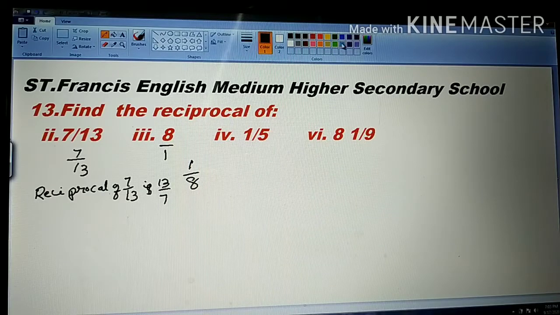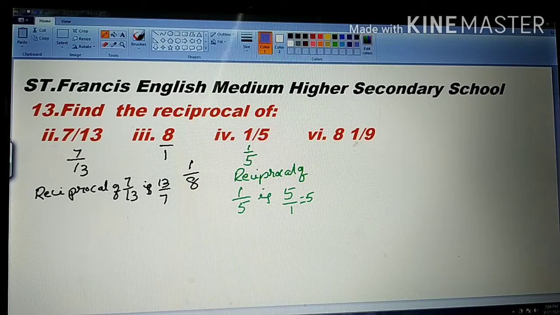Understood this one? Now see 1 by 5, they have given. So the reciprocal of 1 by 5 is 5 only, yes, 5 by 1. 5 by 1 means 1 in the denominator, so we can write it as 5 here. Okay, like that. Understood this one?